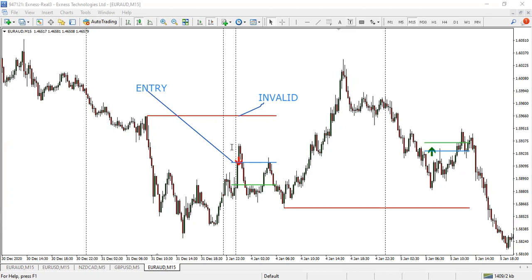So you're going to use your entry rules to start looking for sells. And if peradventure you see a sell and you're able to enter a sell in this market, then your target should be this green line, which is the target line.